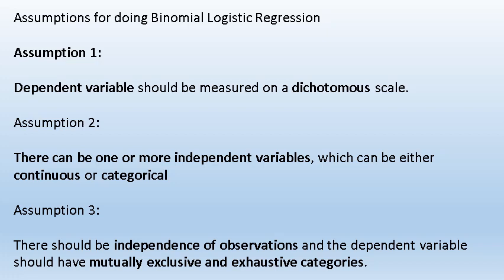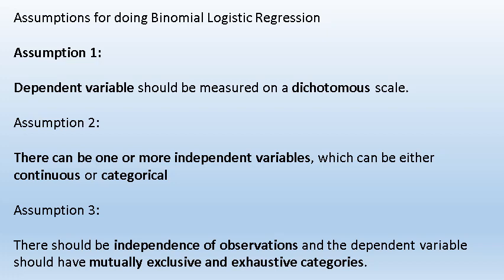There can be one or more independent variables which can be either continuous or categorical. Assumption 3. There should be independence of observations and the dependent variable should have mutually exclusive and exhaustive categories.